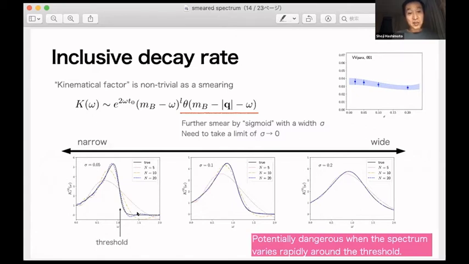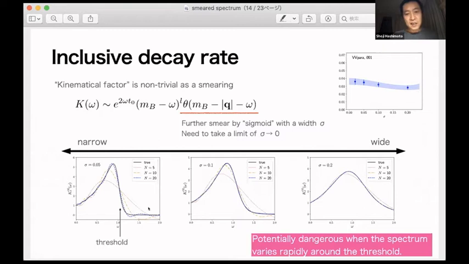So I would introduce a sort of smearing function. Here, to be specific, I introduced a sigmoid-type smearing function with some width. So this is not exactly the sharp singular function, but a smeared function.